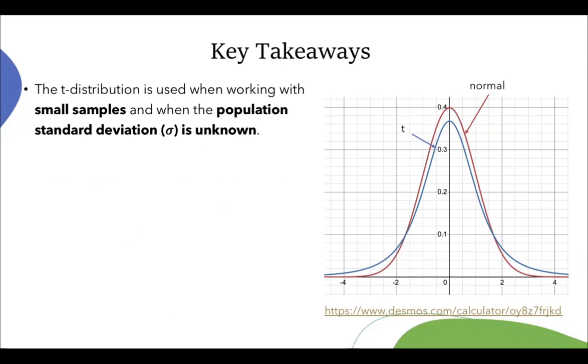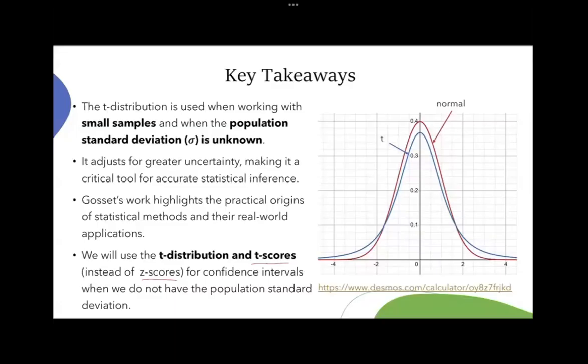We will use the t-distribution and t-scores instead of z-scores for confidence intervals when we do not have the population standard deviation.